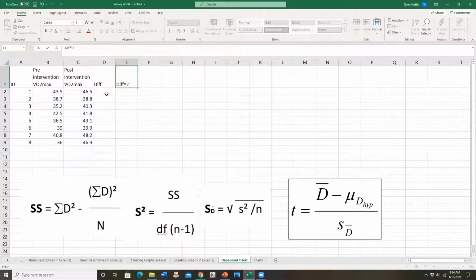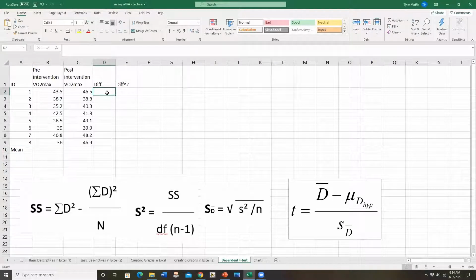So we're first finding the difference between the groups, and then we will find the mean difference. How we calculate the difference depends on pre versus post. If I think that my variables will be larger in the post compared to the pre, I will subtract the pre from the post.